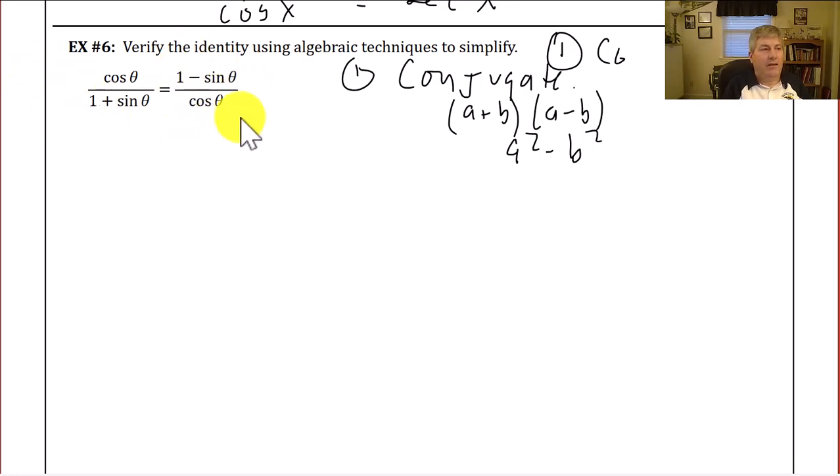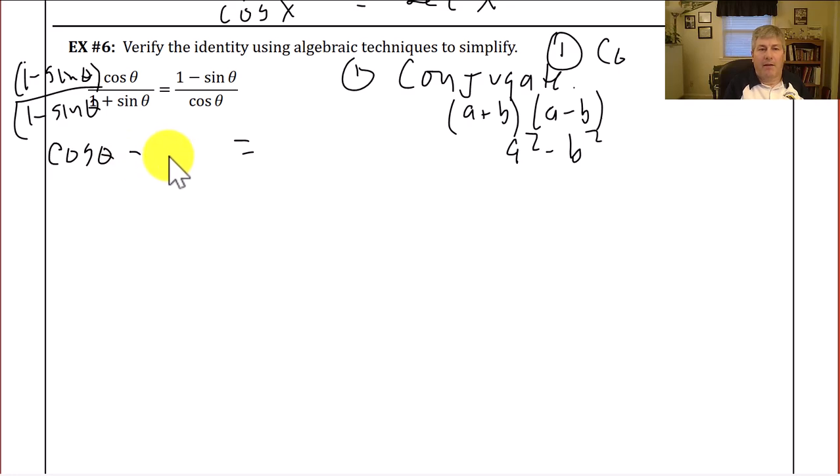So we're going to leave the right side alone again, and we're going to simplify the left side, but we're going to multiply by the conjugate top and bottom. So I'm going to multiply by 1 minus sine of theta all over 1 minus sine of theta. So when I do that, I'm going to get cosine of theta minus sine theta cosine theta.